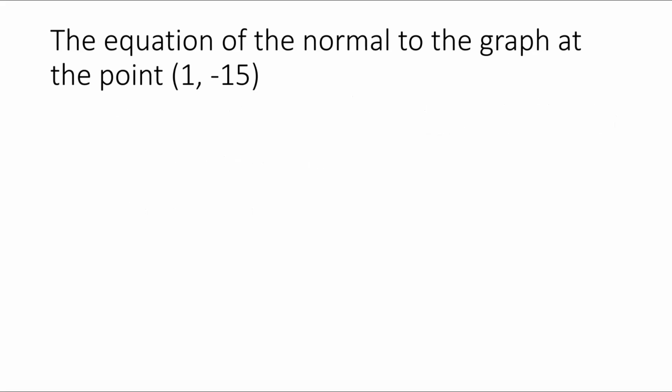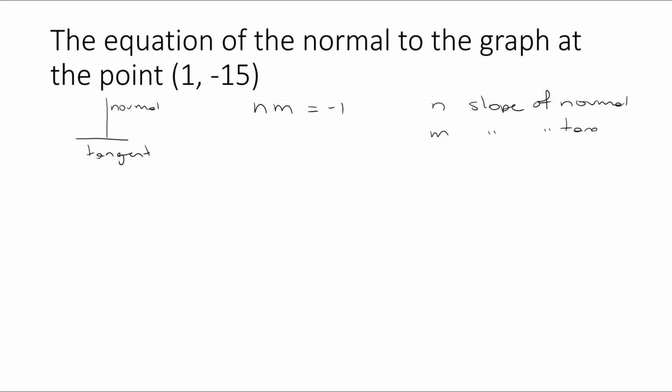The last question says find the equation of the normal. Now the normal is the one at right angles to the tangent. And the slope of the normal times the slope of the tangent is -1. So nm equals -1, where n is the slope of the normal and m is the slope of the tangent.